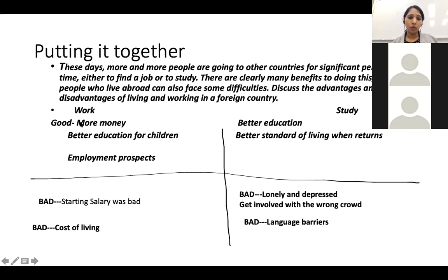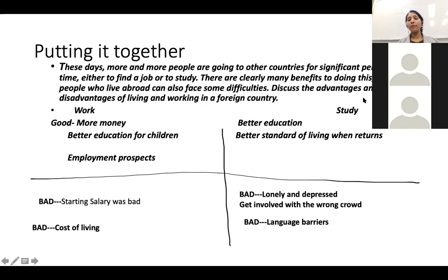So here you put what is good about moving abroad to work: more money, better education, and better employment prospects. What is bad about moving abroad to work? What is wrong about it? Maybe the starting salary is bad, cost of living is bad, work-life balance is imbalanced, and all that.